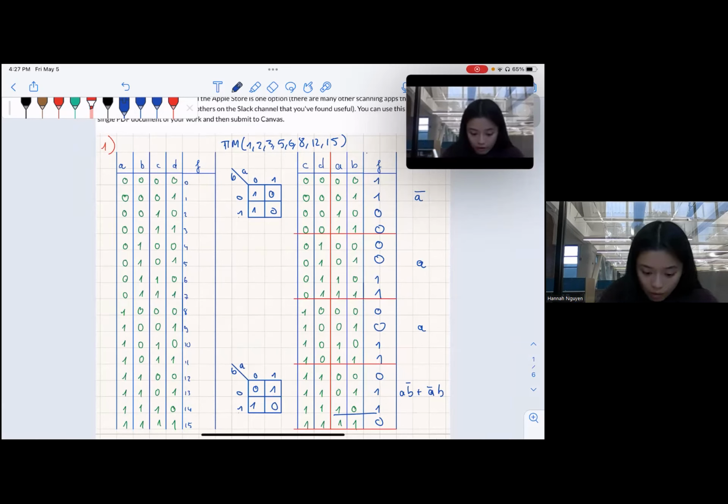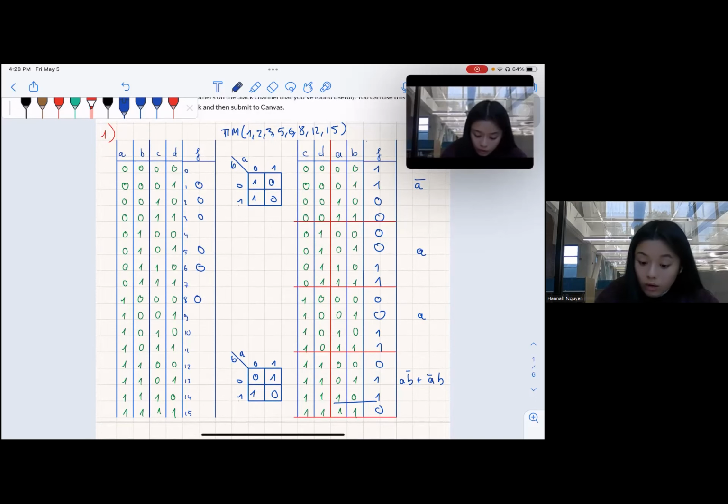So we will have 0 at 1, 2, 3, 5, 6, 8, 12, and 15. And for all others, the output is going to be 1.